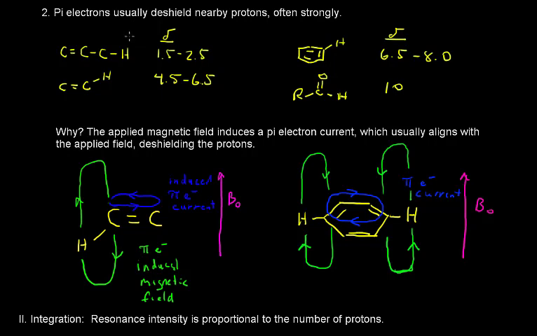Normally, not always, but usually, pi electrons deshield nearby protons, and often strongly. Here this is an allylic proton. It's 1 carbon removed from a double bond, and it's downfield, even more than a part per million downfield from a simple methyl group.